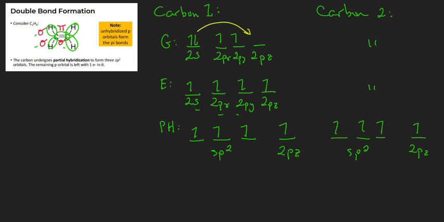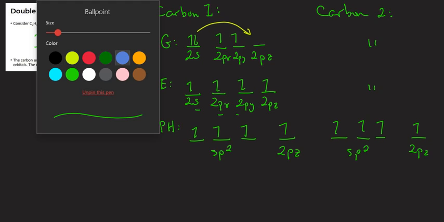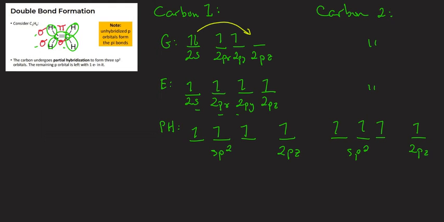Now, the question isn't asking you, or you don't need to see, what I'm going to show you now, but I think it helps to understand what's happening with the hydrogens and carbons, and see how all of this comes together. Again, we have one carbon here and one carbon here. Let's figure out how these carbons bond together with the hydrogens.